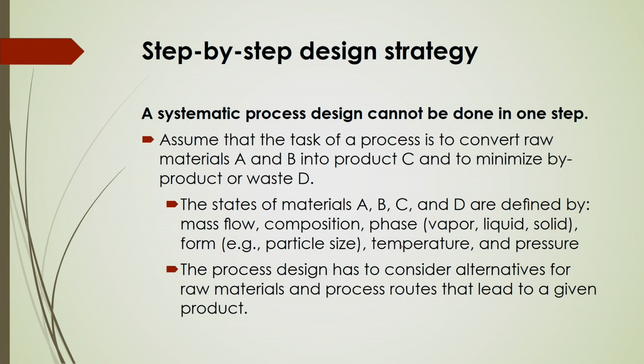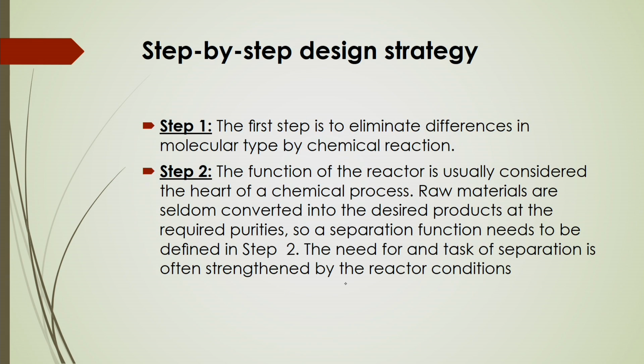You have to consider these variables. Now, this process design has to consider alternatives for raw materials and process routes that lead to a given product. So, for this you have to consider the step by step design strategy.